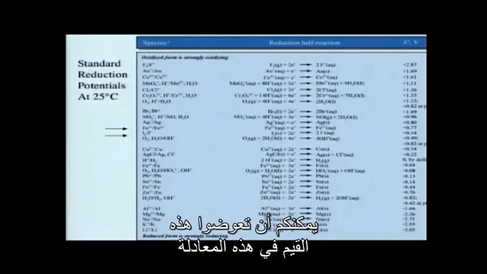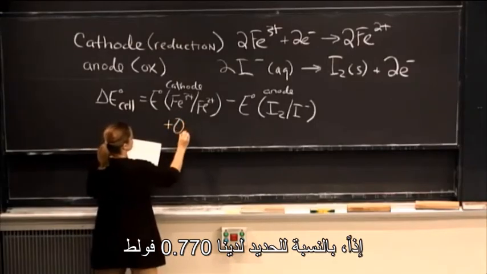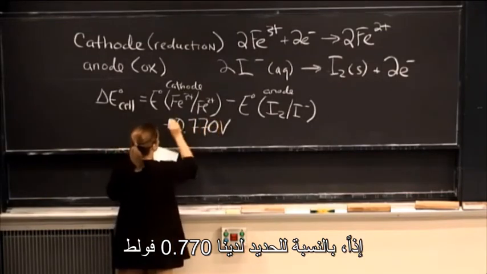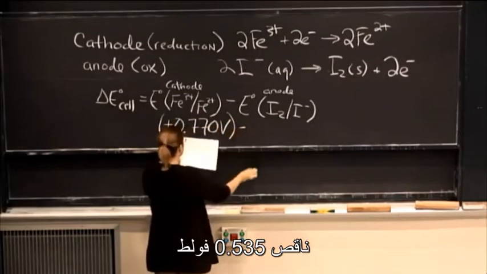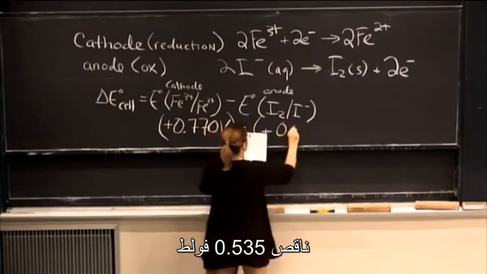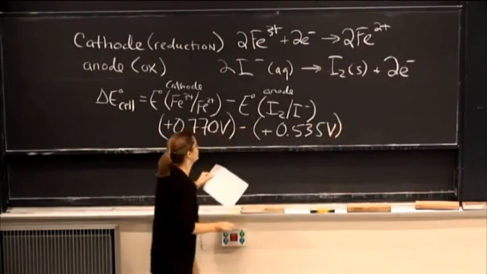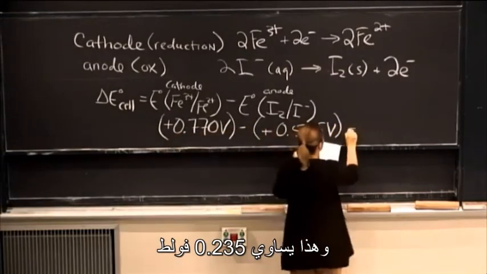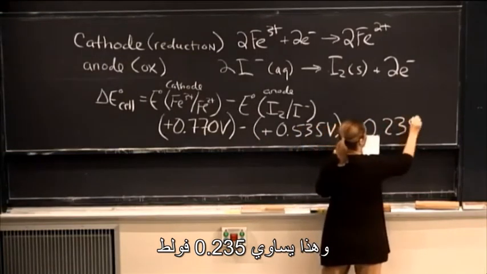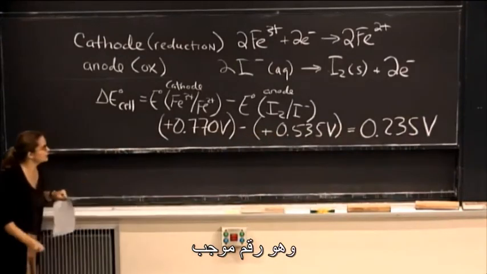Then we can plug in those values. So for iron, we have plus 0.770 volts, minus plus 0.535 volts, and that's going to equal 0.235 volts, which is a positive number.